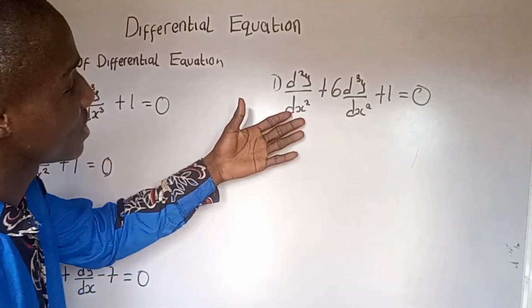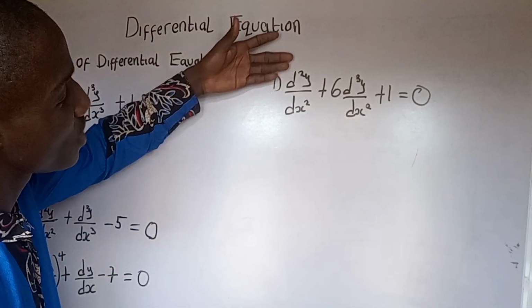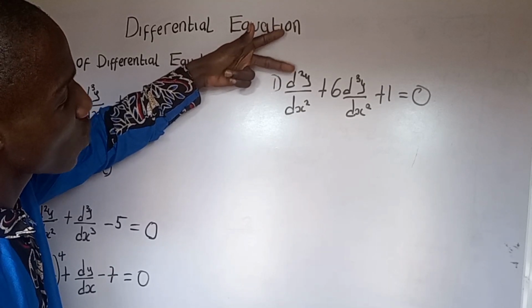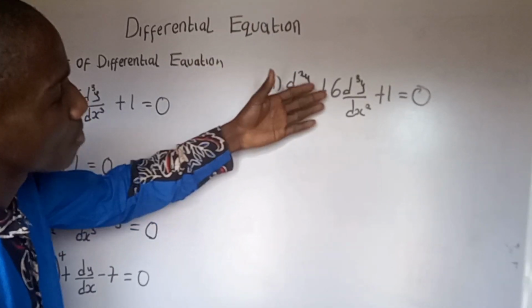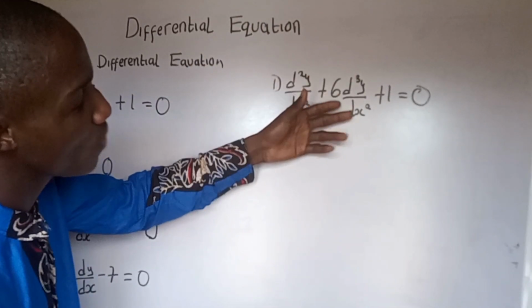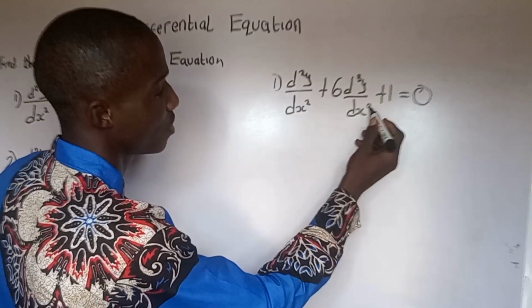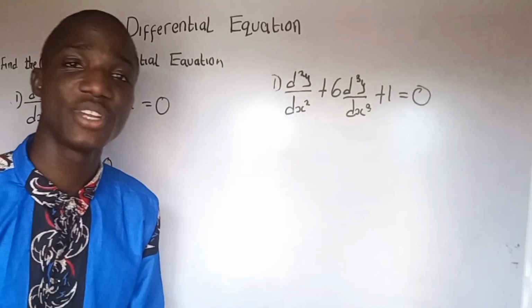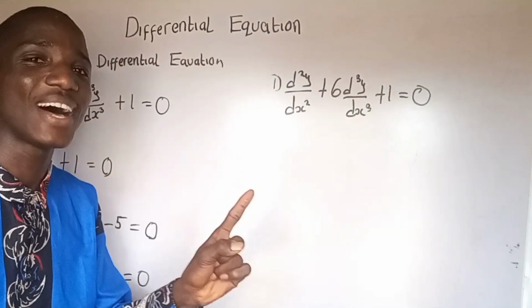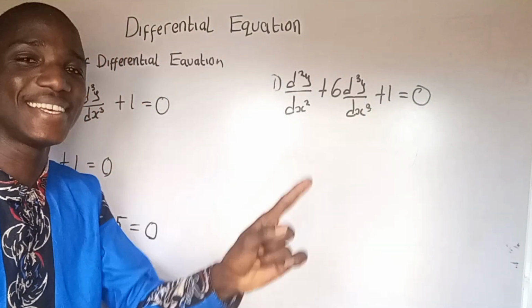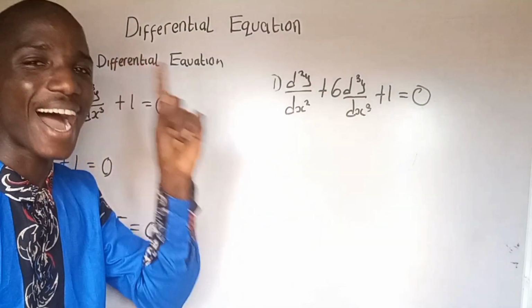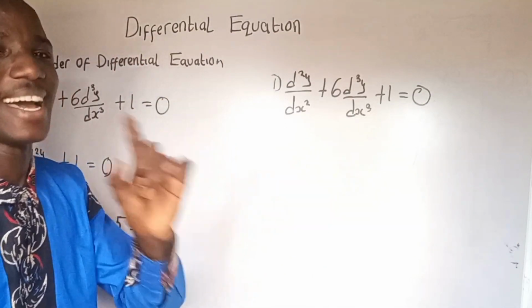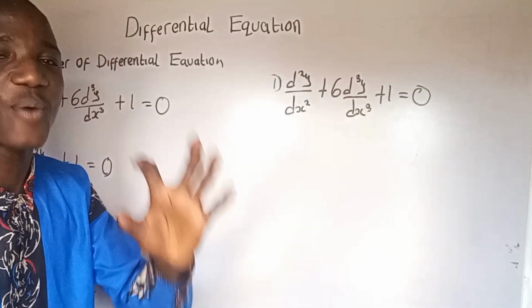If you look at this, in our equation we have d²y/dx² + 6 d³y/dx³ + 1 = 0. And from our definition, we know that the order of a differential equation is the order of the highest derivative, the maximum derivative.